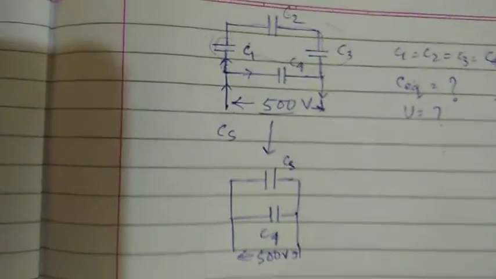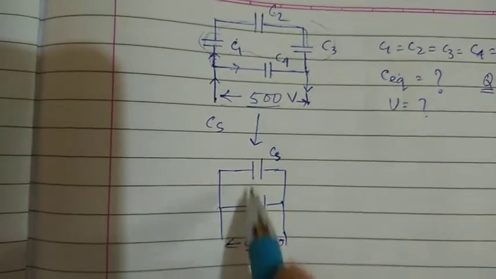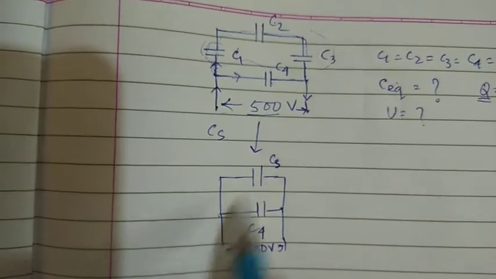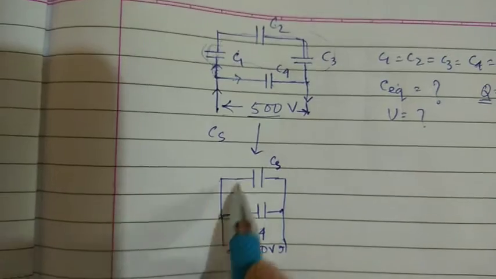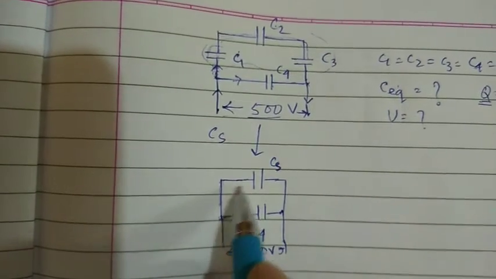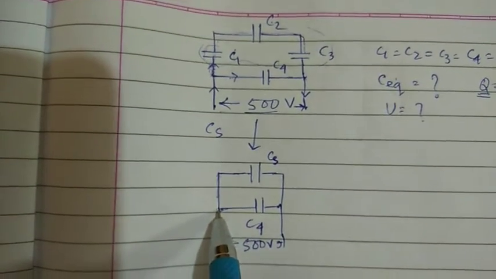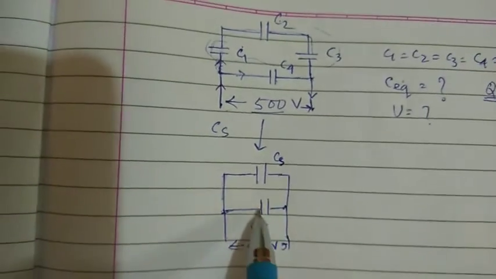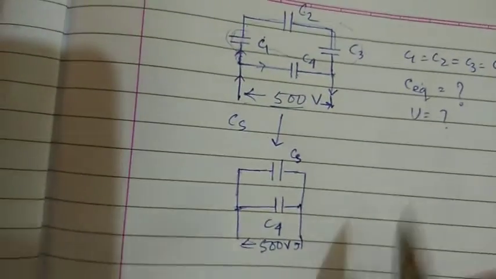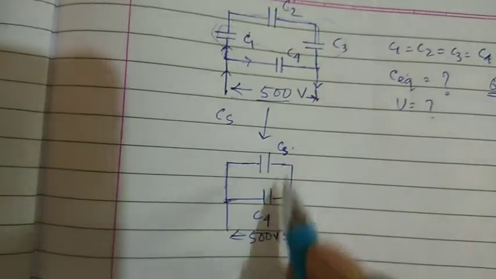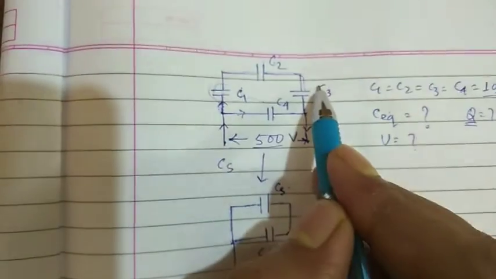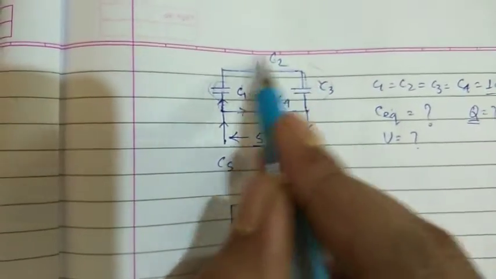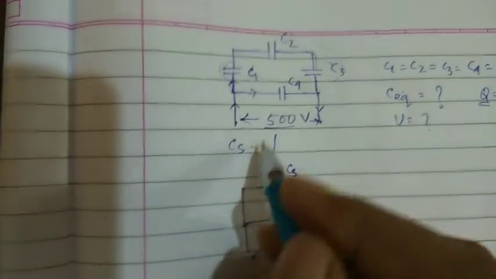Now you can easily see the terminals of CS and C4 are the same. They are connected at this point, and since there is nothing else, this is just a wire. So this point and this point will have the same potential, and so on. So CS and C4 are in parallel combination. C1, C2, C3 are in series, this combination is CS, and with that, C4 is in parallel.